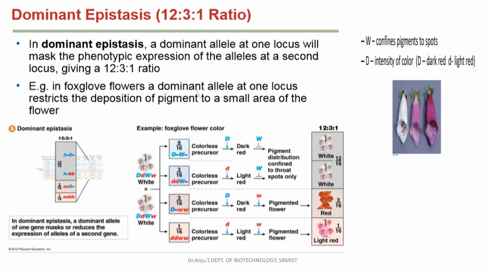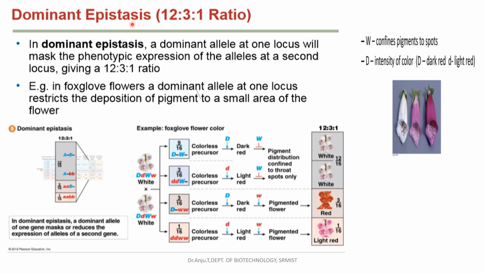Moving on to the gene interactions and the types of offspring we get, we will see each gene interaction in detail. First we will start with dominant epistasis. Epistasis is where one gene masks the effect of the other gene.